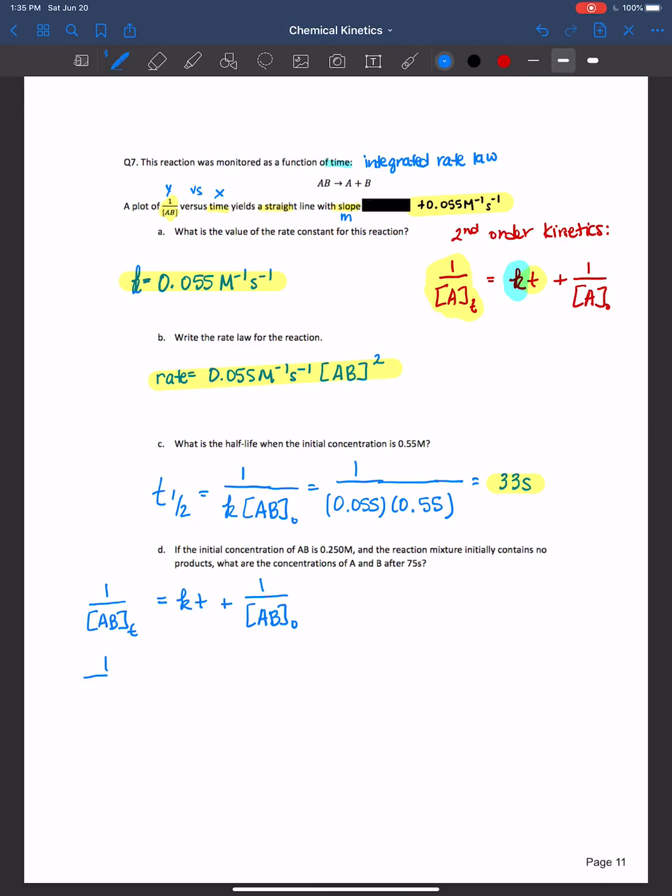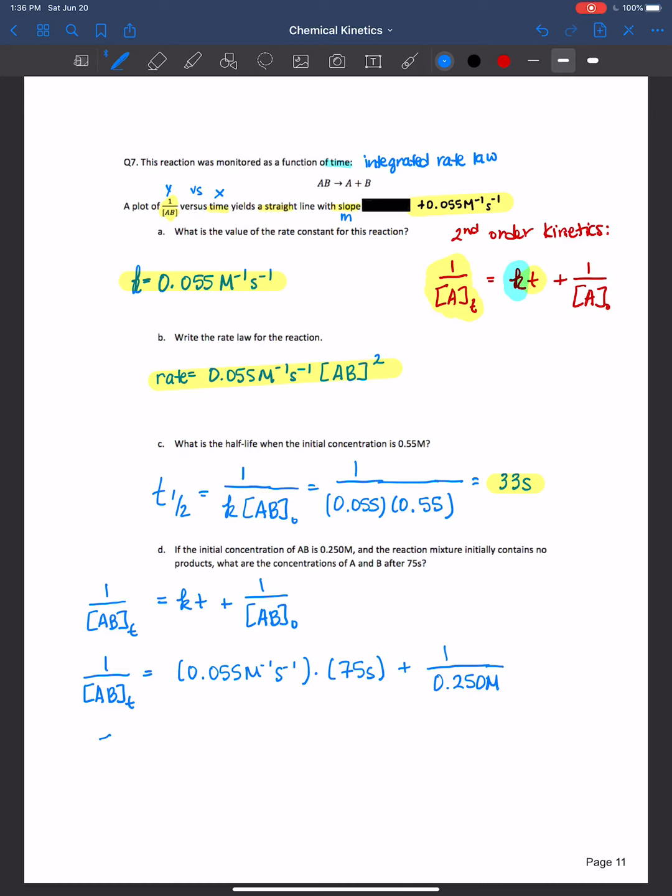So 1 over the concentration of my reactant at a specific point in time is equal to 0.055 inverse molar inverse seconds times, looking at 75 seconds here, that's the time interval provided, plus 1 over the concentration initially, which was 0.250 molar.